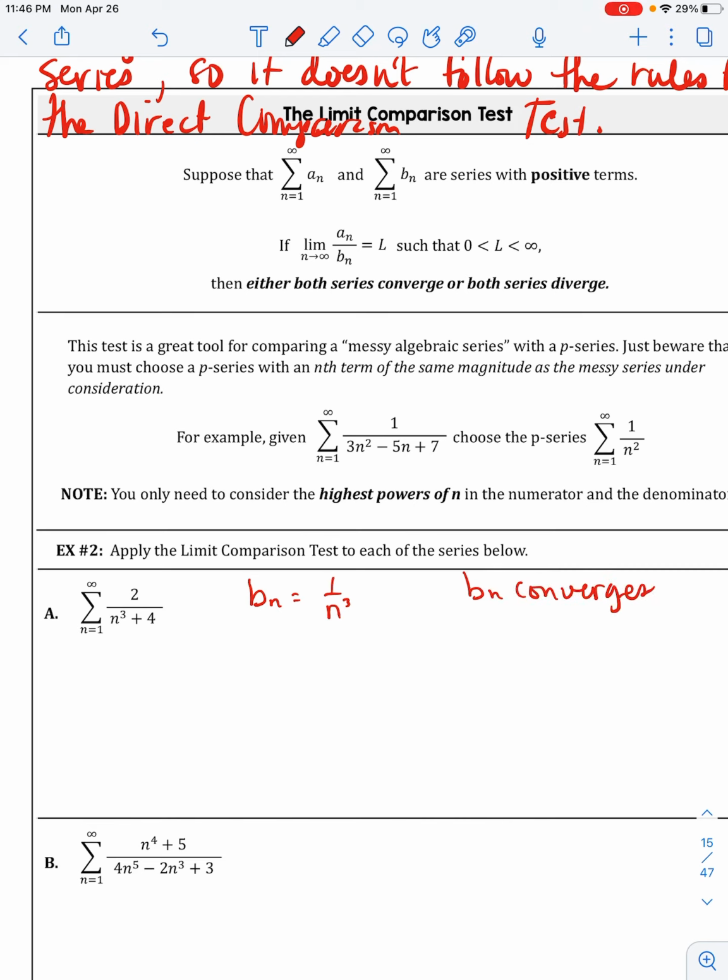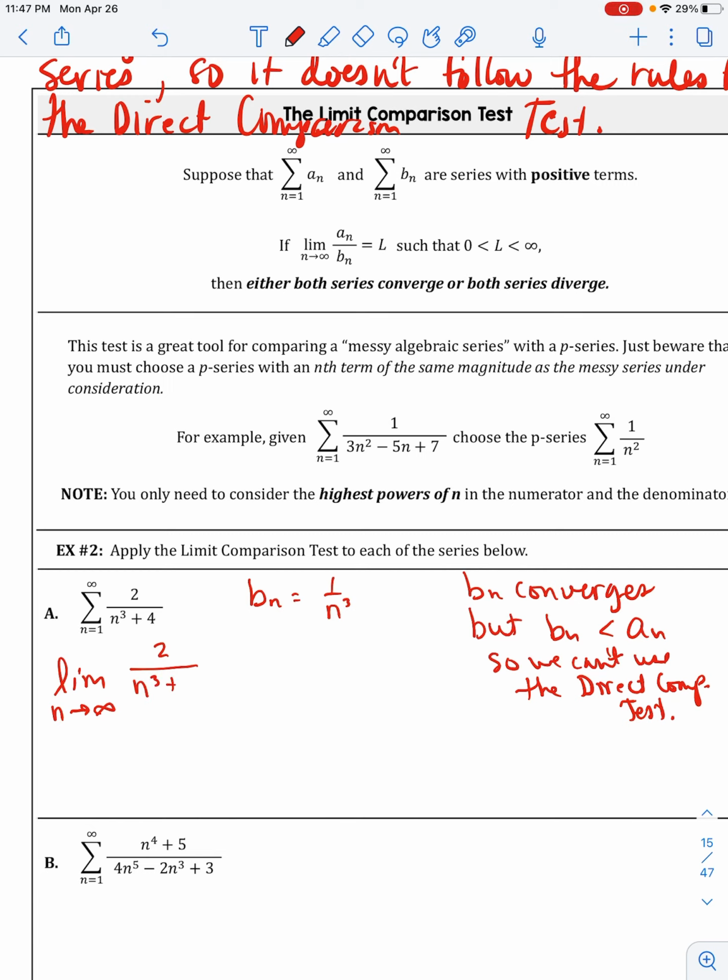And by the way, our b sub n, this that we're comparing it to, converges, but b sub n is less than a sub n. So we can't use the direct comparison test. I just wanted to have you think about that.